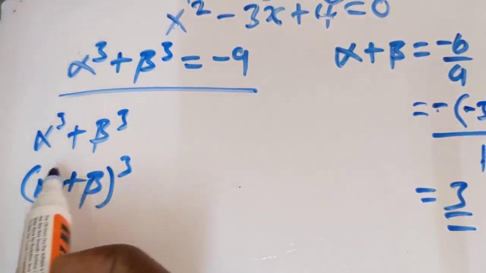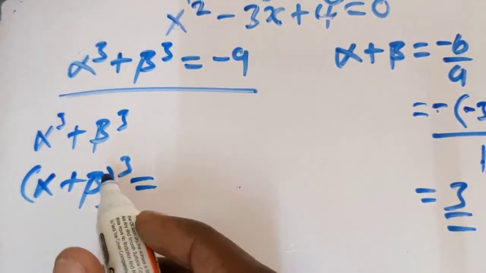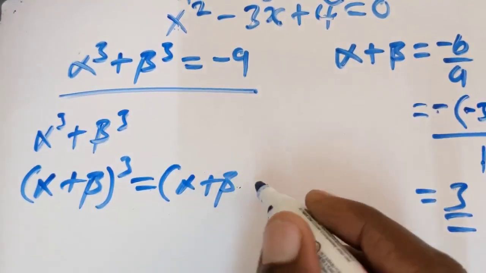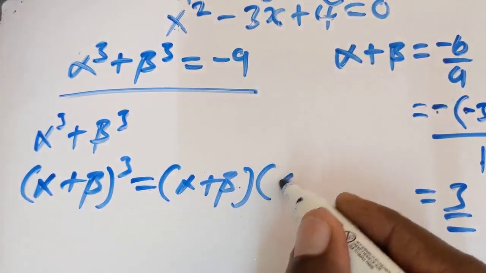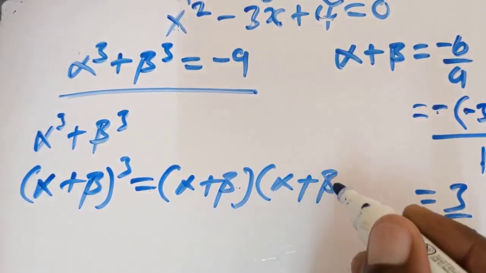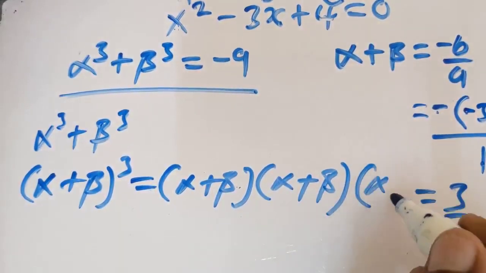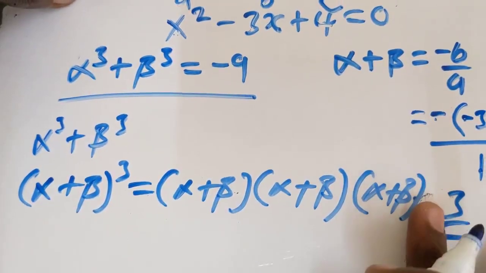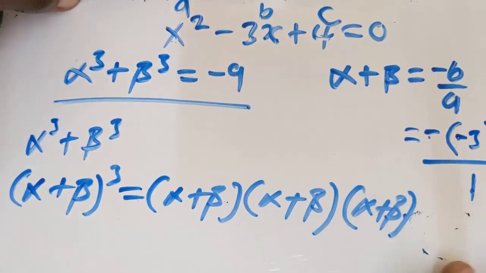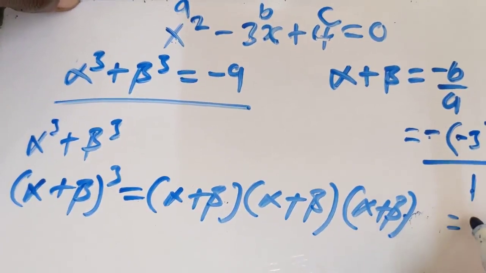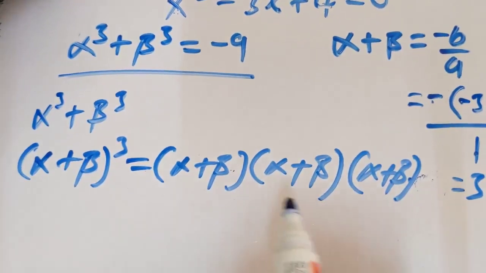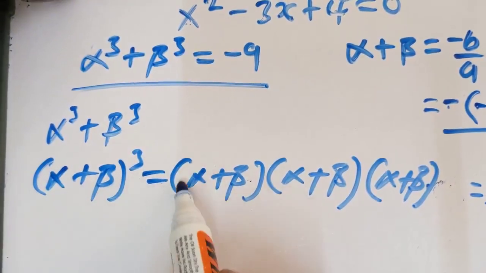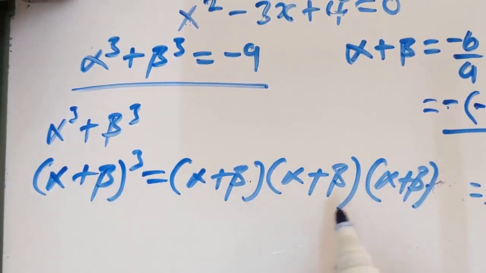So if you want to expand this, you can expand it as alpha plus beta, then alpha plus beta, then alpha plus beta. Like that, there are 3 factors. This is what it means when you are trying to expand.